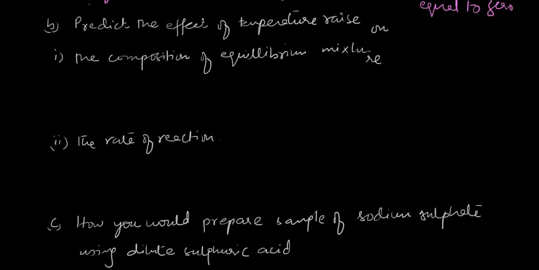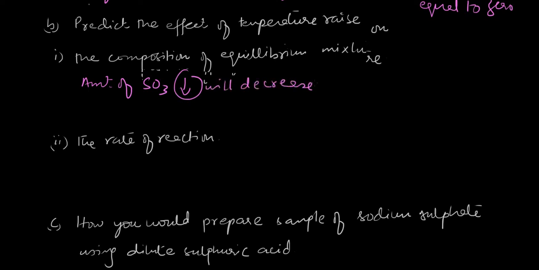Now the next part asks to predict the effect of a temperature rise on the composition of SO3. First things first, the amount of SO3 will decrease. Why is that?